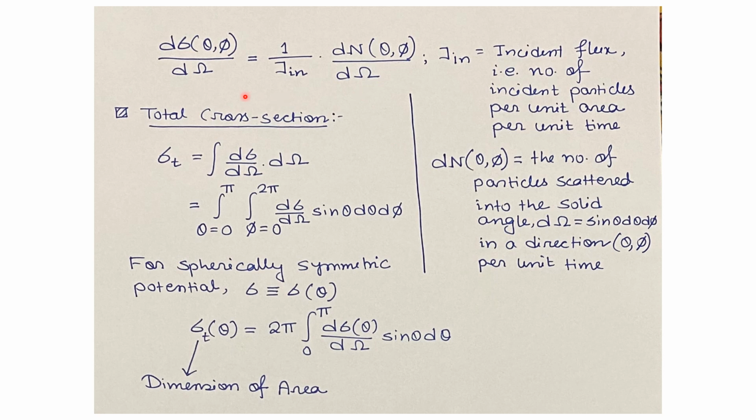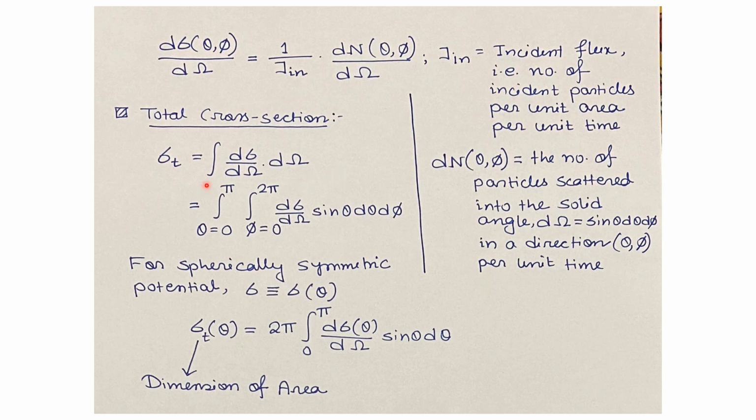Now, if we know this differential scattering cross section in a scattering experiment, then we can calculate the total scattering cross section in that experiment. And this total scattering cross section is given by sigma t equals the integration of d sigma d omega over the entire solid angle.